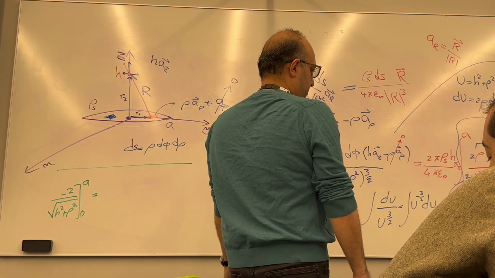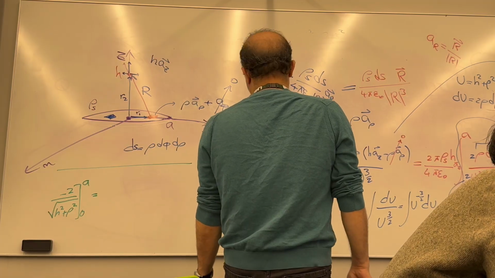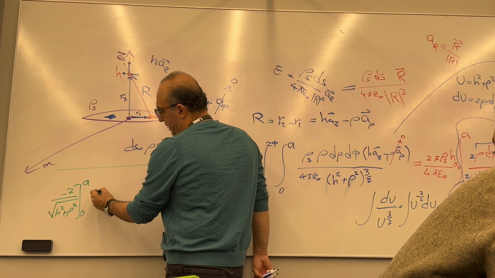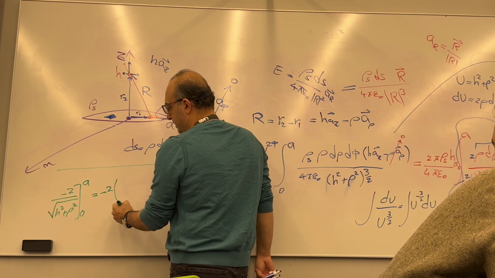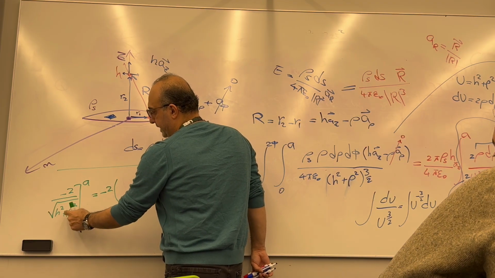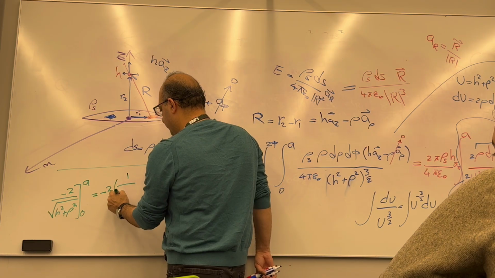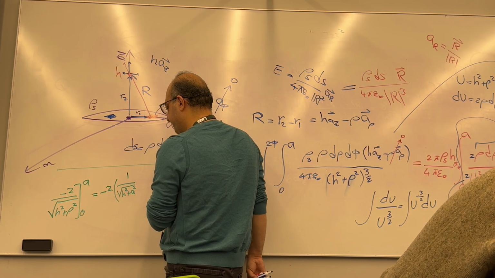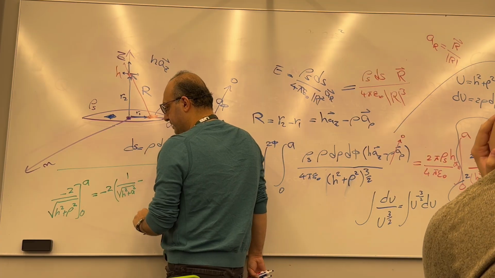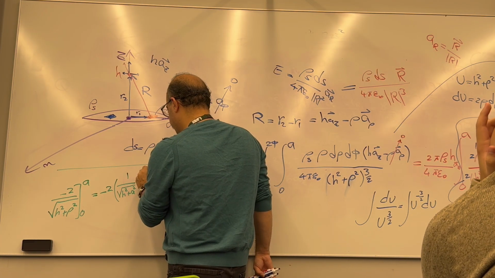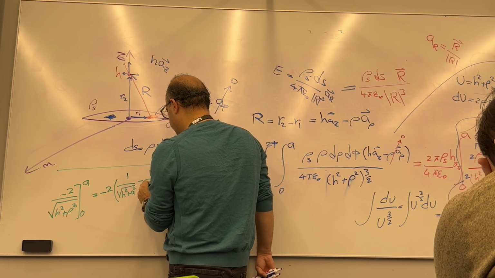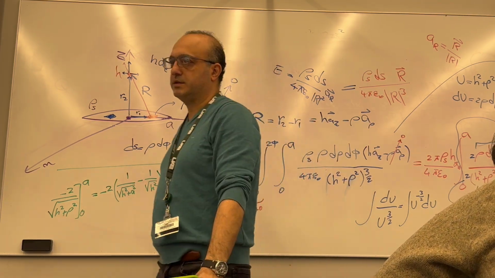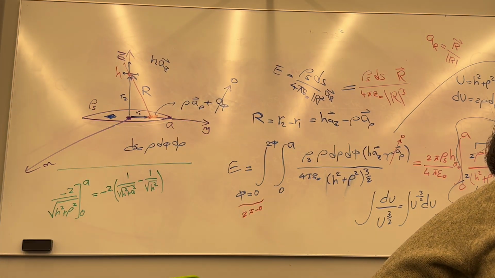Am I right? Did I miss anything? No. Now, minus 2. I put a instead of rho here, it's going to be 1 over the square root of h squared plus a squared. Minus, I put rho 0, it is going to be 1 over h. This is the result. Electric field at this point.